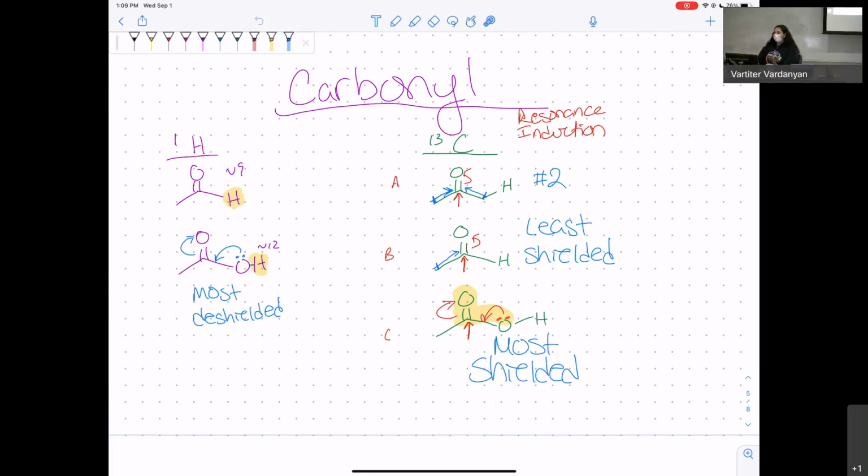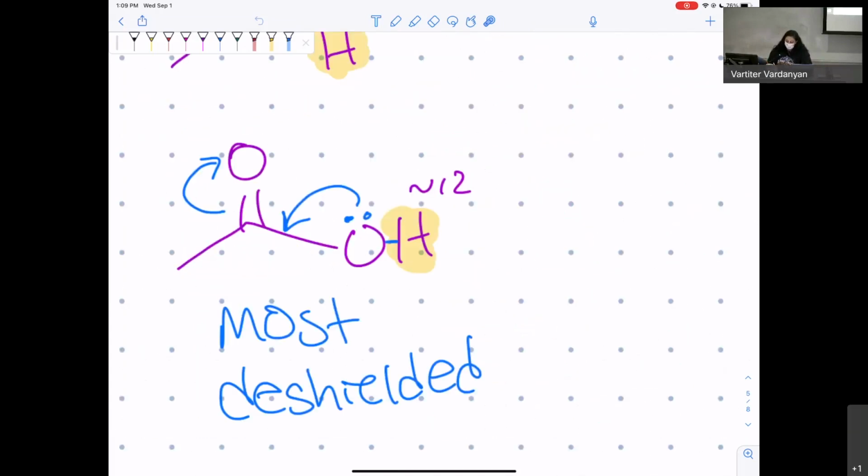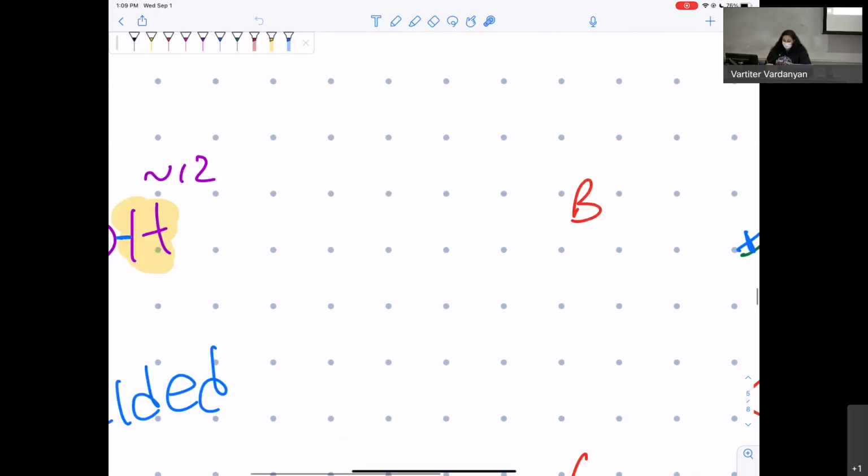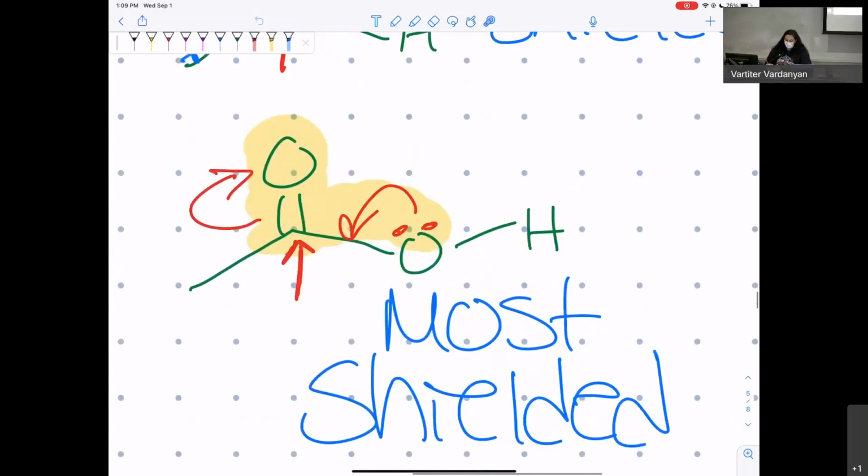And that has to do with resonance effects in both cases because here, the hydrogen is chilling and all the electrons are resonating that way, far away from the hydrogen. Whereas here, all these electrons are resonating this way and they're going right over that carbon. So the carbon is snatching up some electron density as resonance is happening.